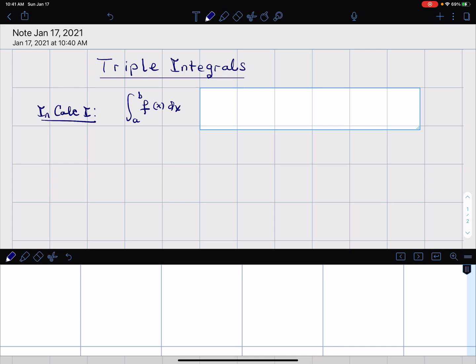This is just a single integral. Our region of integration, I'll call it region, but in actuality the correct terminology would be the interval, will be from a to b just on the x-axis.